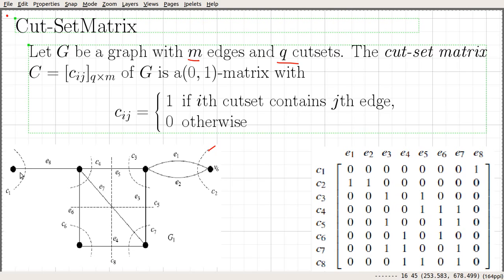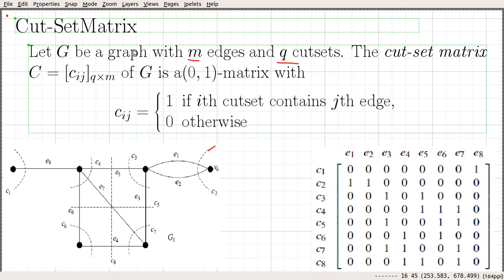Similarly, if you delete cut set C1, which contains this edge E8, the graph will become disconnected. C6 contains these two edges E4 and E6, and if you delete them, the graph will become disconnected. We can very easily see that deleting a proper subset of those cut sets won't disconnect the graph. Anyway, that is related to the definition of a cut set.